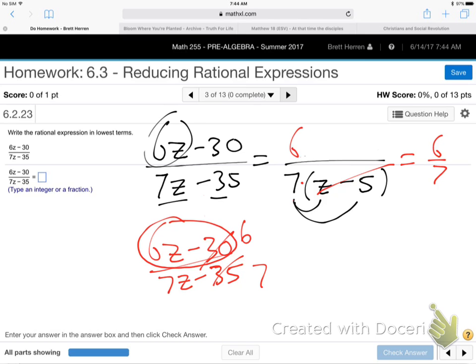That's another great reason why we love factoring, because when you factor, then you put a times, and times is separate. You don't have to worry about all the glue rules, the Costco glue rules. That's another reason we're obsessed with factoring. Does that make sense? That way I'm able to say, look, the 6 is separate because he's timesed, and the z minus 5 are glued together. The 7 is separate, and the z minus 5 is glued.